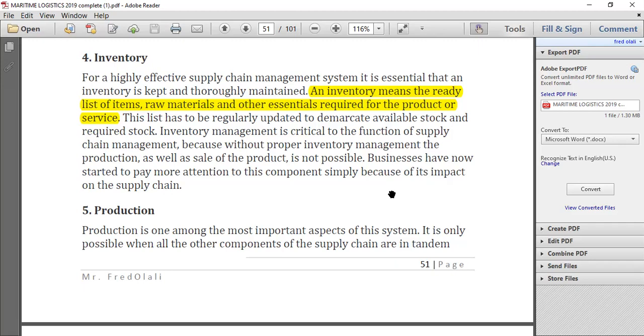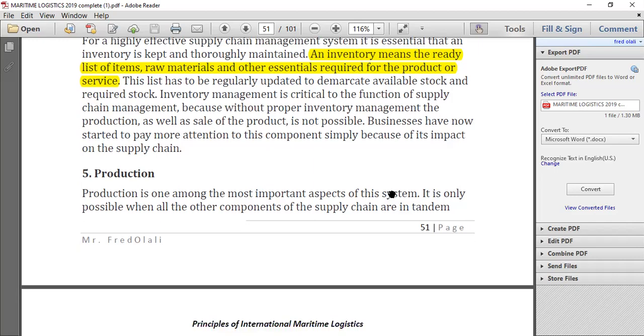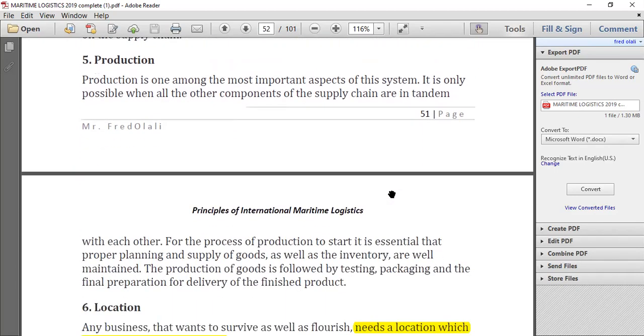Now the other component is production. Production is one among the most important aspects of the system, and it is only possible when all other components of the supply chain are in tandem with each other. For the process of production to start, it is very essential that proper planning and supply of goods, as well as the inventory, are well maintained.